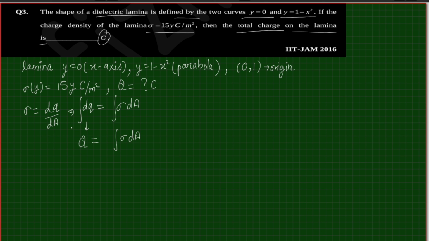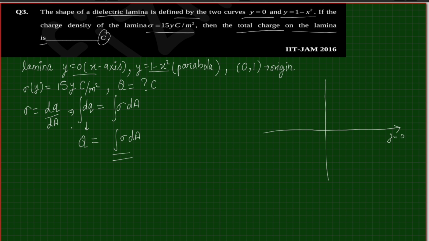So this integration we have to solve with the help of these two equations. Let us first draw these two equations. First is the x-axis, the first equation, y equal 0.